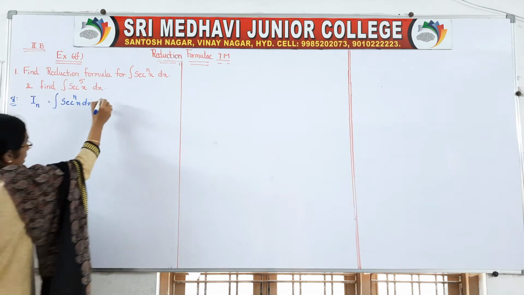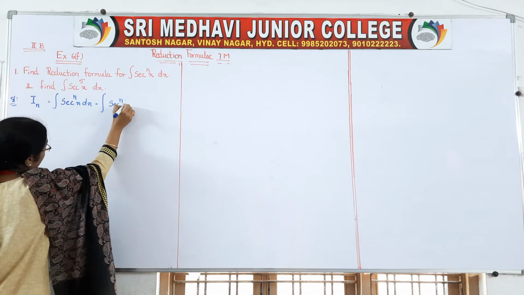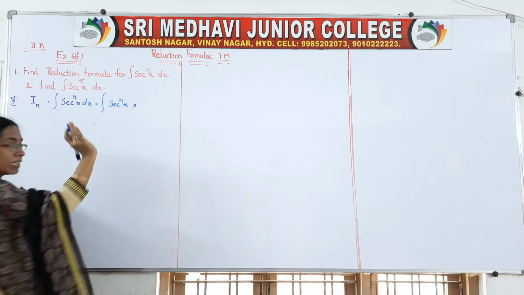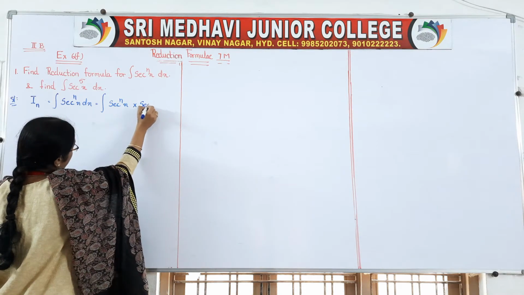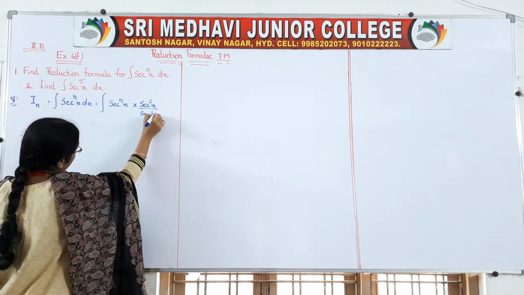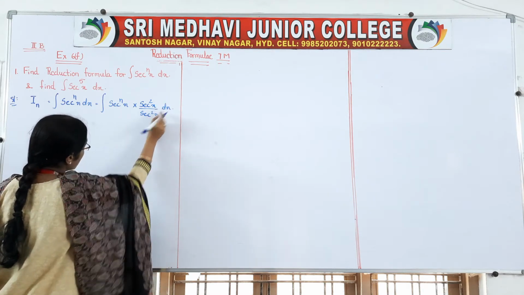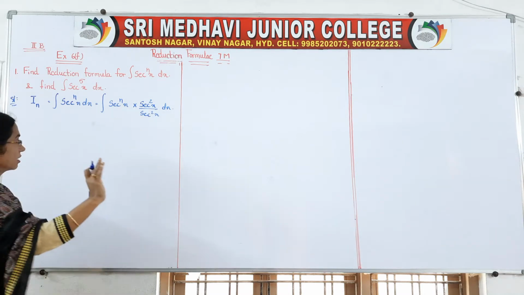Okay, so here I am multiplying and dividing secant to the power of n x with secant square x dx. Okay, you separate a secant square along this one and keep the rest as it is, right?